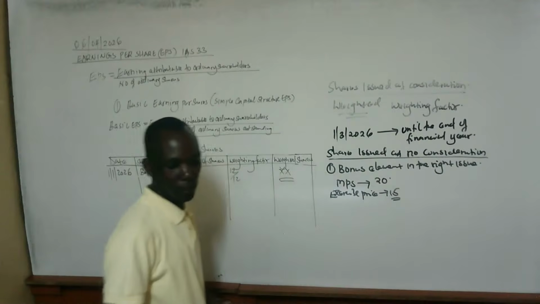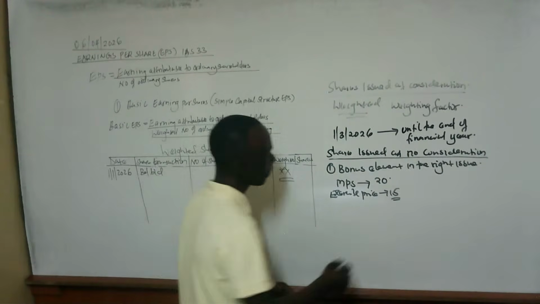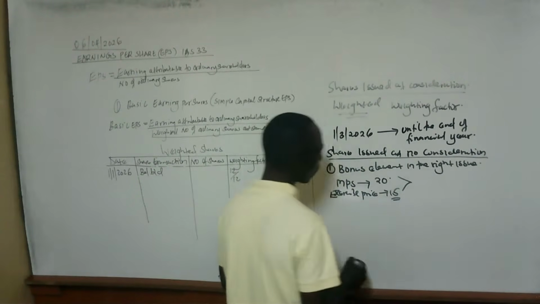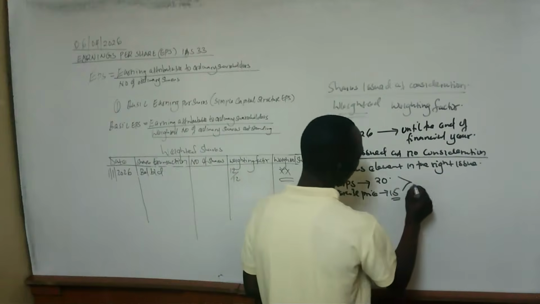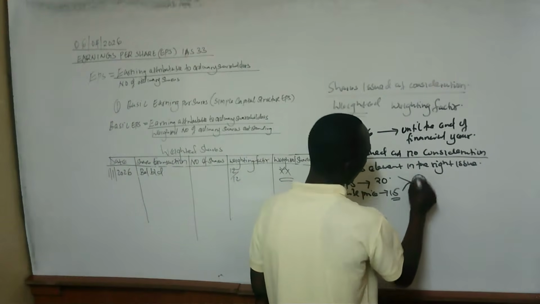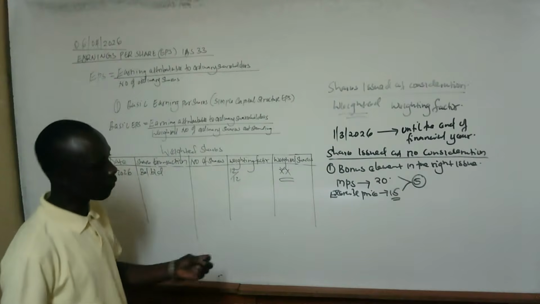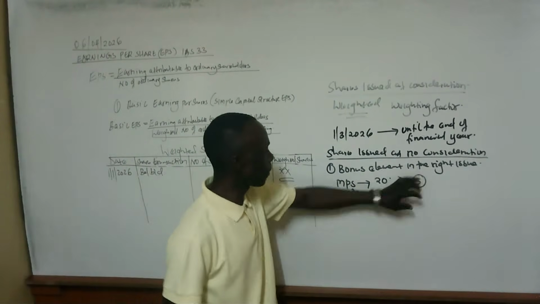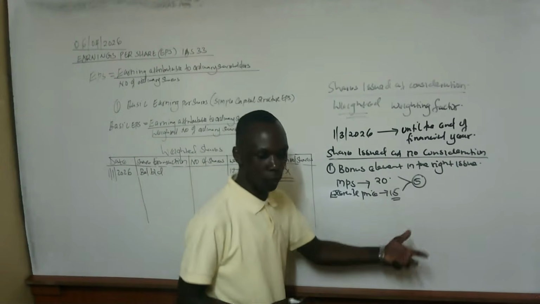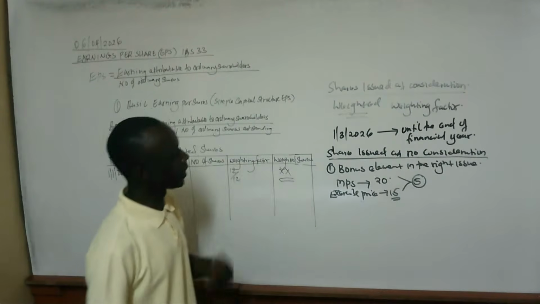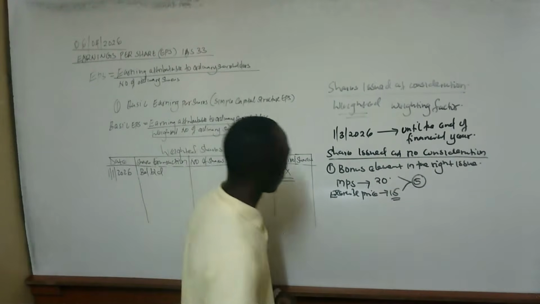That means that for every one share, the shareholder is going to enjoy a bonus of how much? A bonus of 5 shillings, or we normally call it a discount. So this discount that you are going to get for every one share is not going to be weighted.